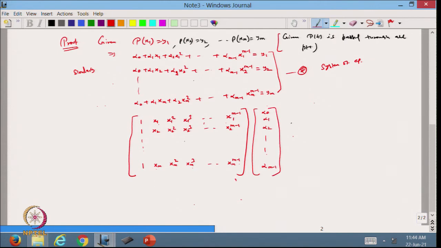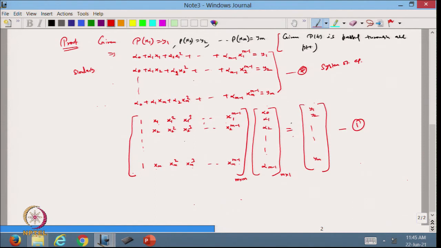So, this is an m cross m matrix, and this is an m cross 1 matrix, and that is equal to y1, y2 up to ym. So, I am going to have a system. I just write this as equation number 1.